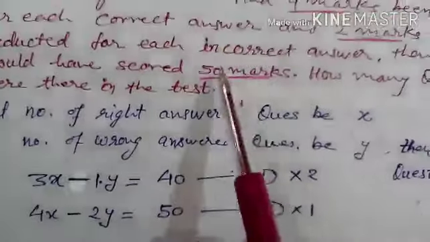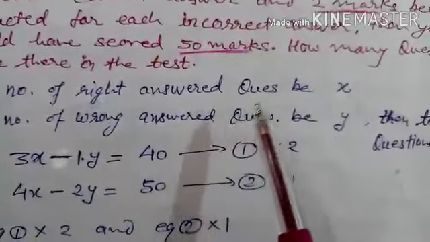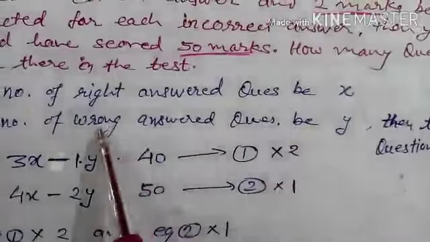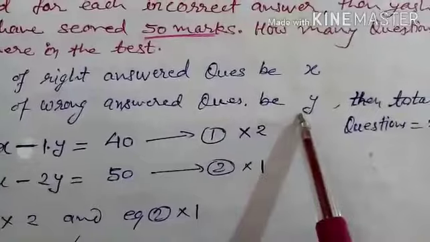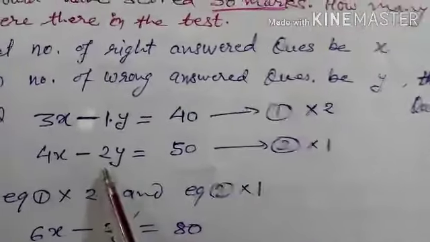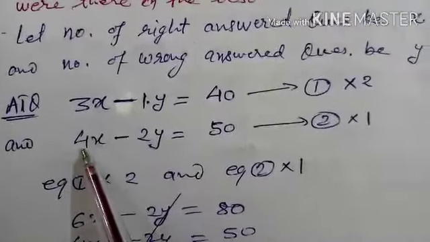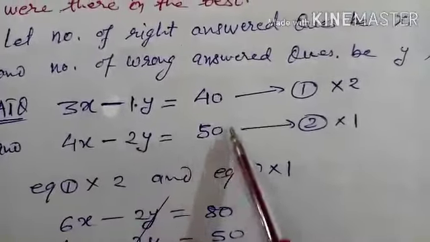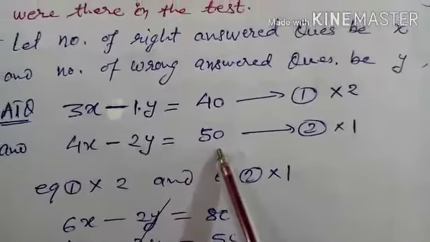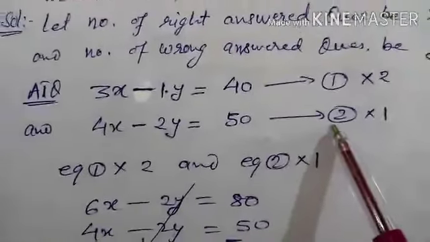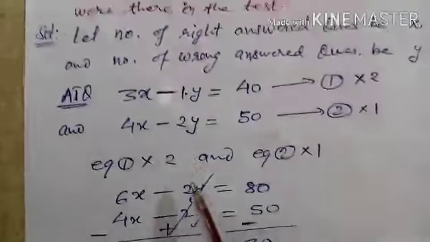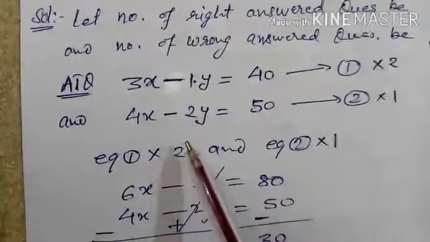But 2 marks deducted from each incorrect answer. So here wrong answers will be y, so 2 into y, this is total deduction of wrong answers. So 4x minus 2y, and total score will be 50. This gives equation number 2.